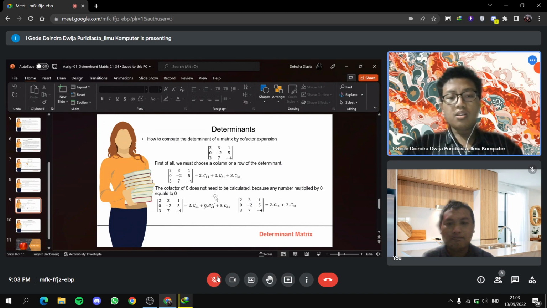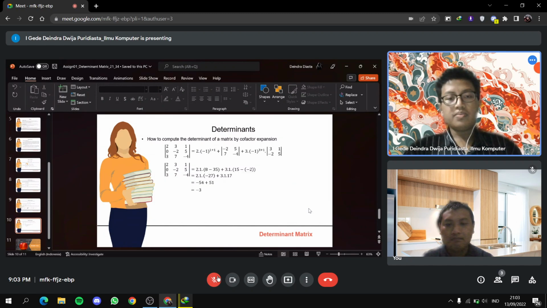The cofactor of 0 does not need to be calculated because any number multiplied by 0 is equal to 0. So the 0 times C21 is going to be removed from this formula, and then it is going to be like this.